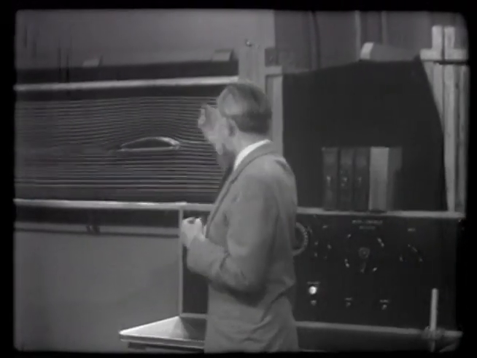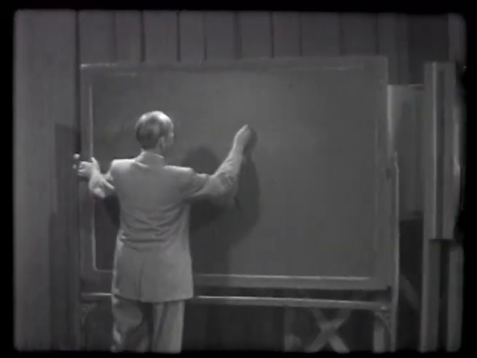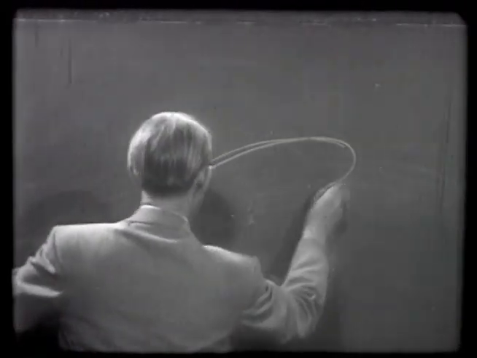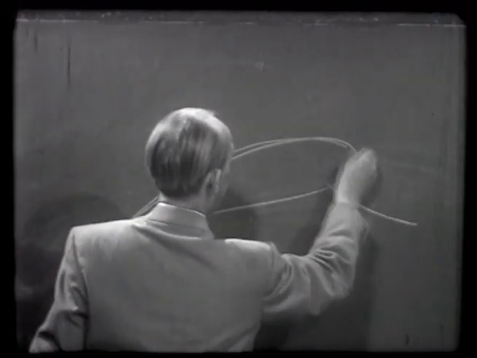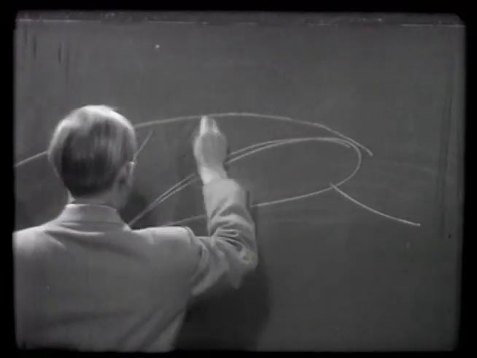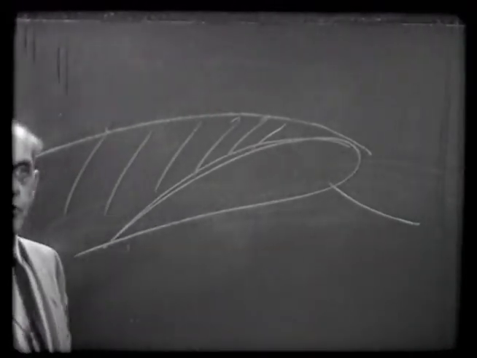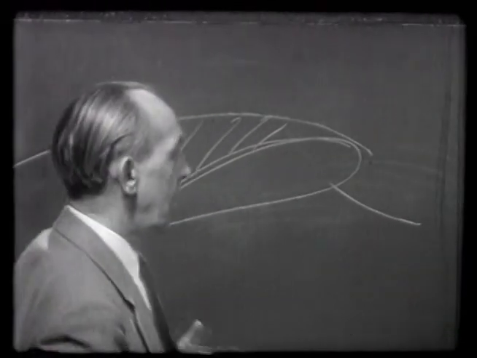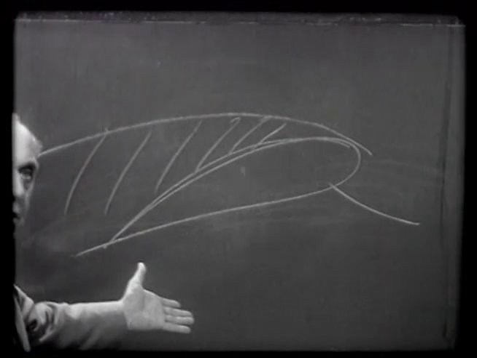Then you should do first some kind of artificial lift. Now think what happens here with the stall. When you think about it, as I showed you, this flow detaches from the upper surface. So how could you bring it back?